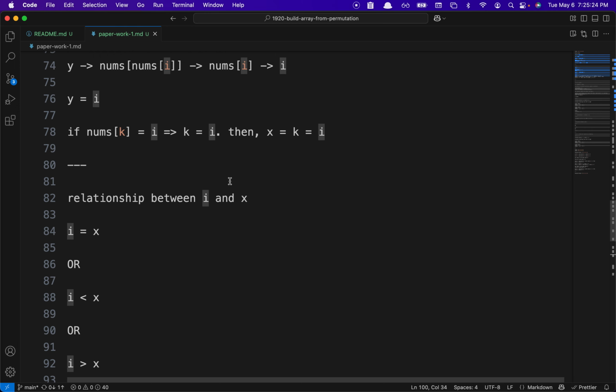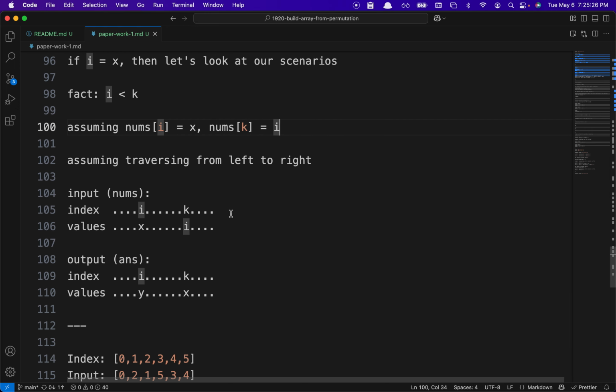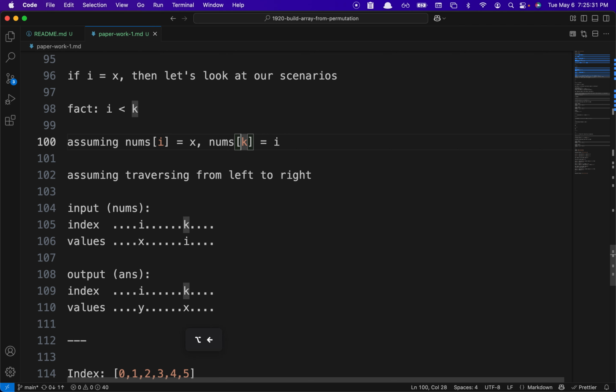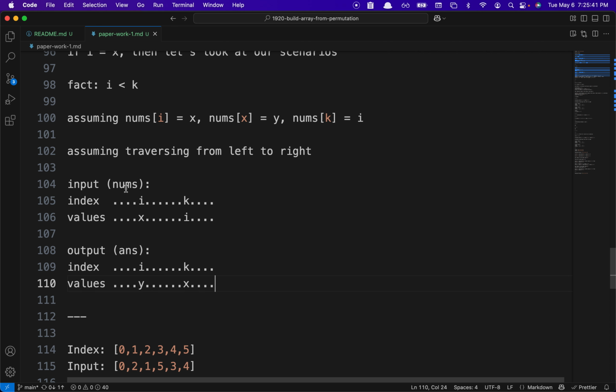You say nums of X is Y, assuming nums of X is Y, and nums of K is I. So you are assuming these are the things, right? Nums of I is X, nums of X is Y.